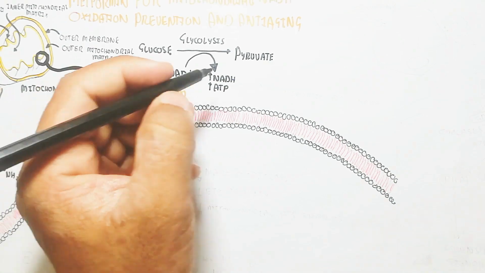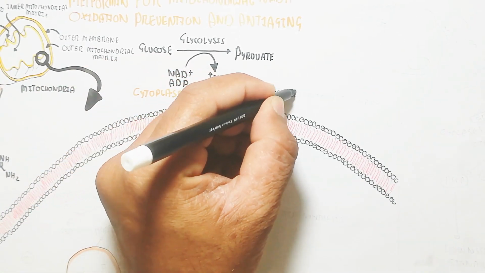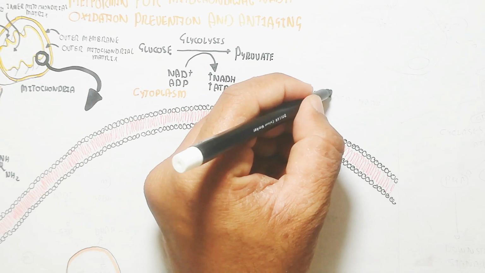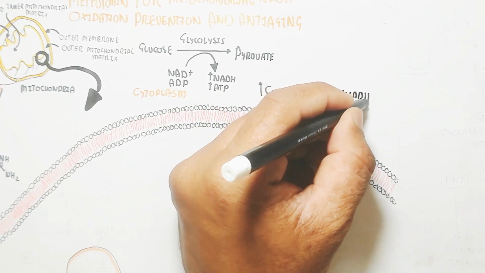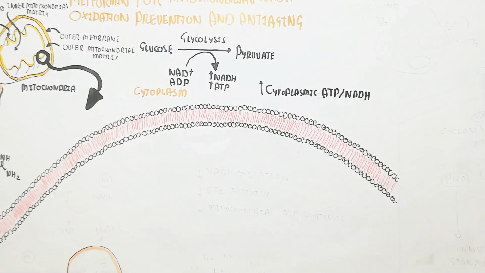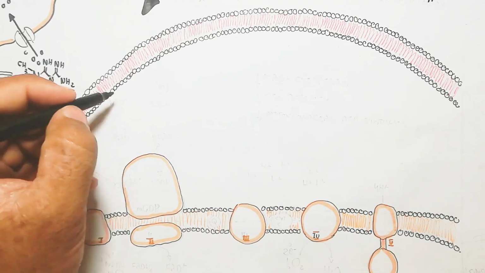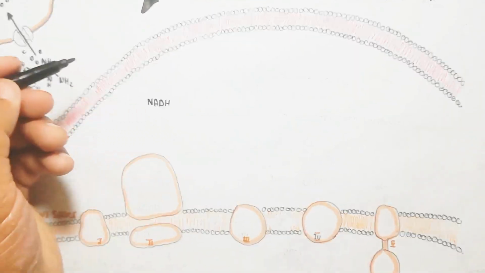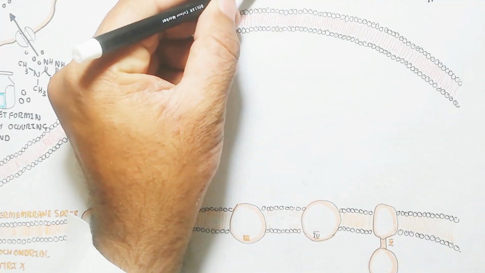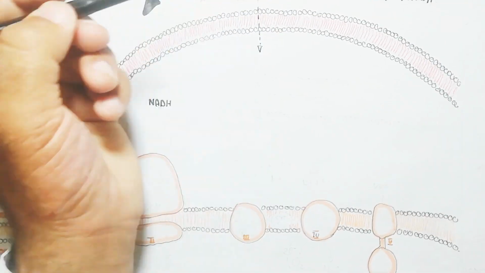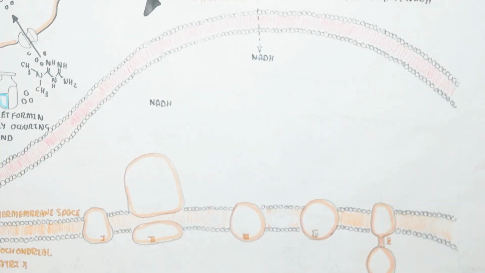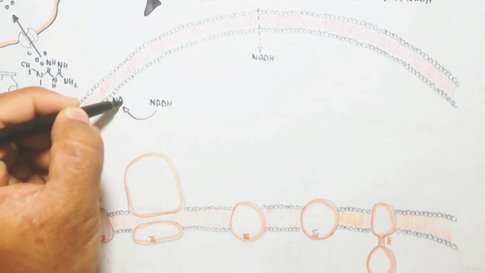So oxygen is not used to produce ATP and NADH. This yields less NADH and ATP, but the cytoplasmic ATP and NADH will increase, and when this NADH enters the mitochondria, it can also produce ATP by a different mechanism, which we will also understand.